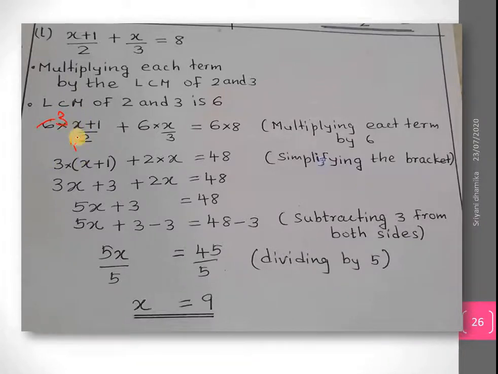We have to multiply x plus 1 by this 3. So write these terms inside the bracket, x plus 1. Here 3 times 1. Here 3 times 2.